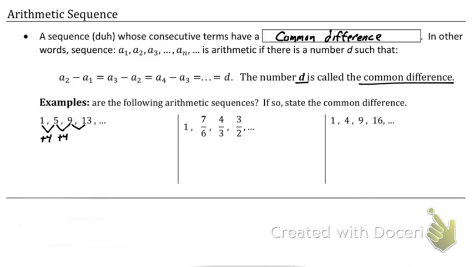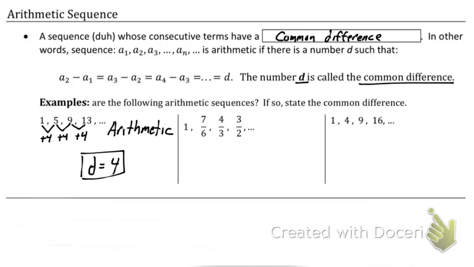To get from 9 to 13, I add 4. And so, yes, it is arithmetic. And so we can find our d, and our common difference is just 4. So it is arithmetic. I should probably write that. And our common difference is 4.